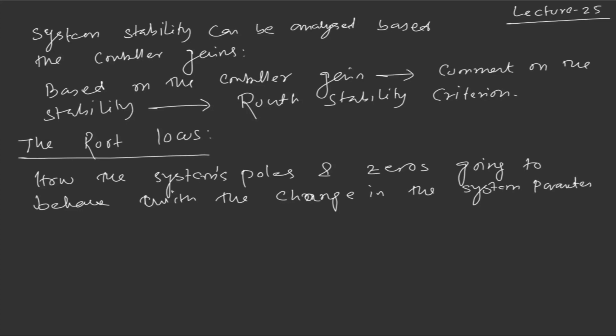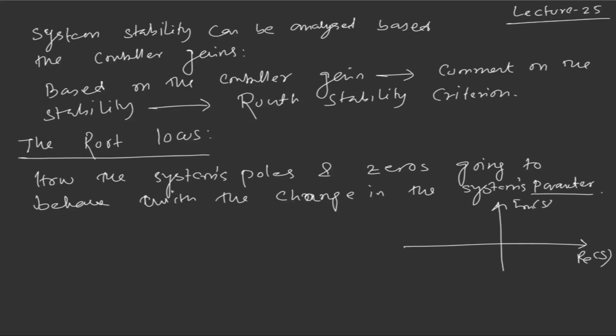If the parameter is the gain, how are the system poles going to behave on the S plane? This is my S plane, with the imaginary of S and the real of S. So how do these poles change on this S plane with the change in gains? These changing poles are called the locus. How the locus of the poles or zeros is going to be affected with the change in controller gains.